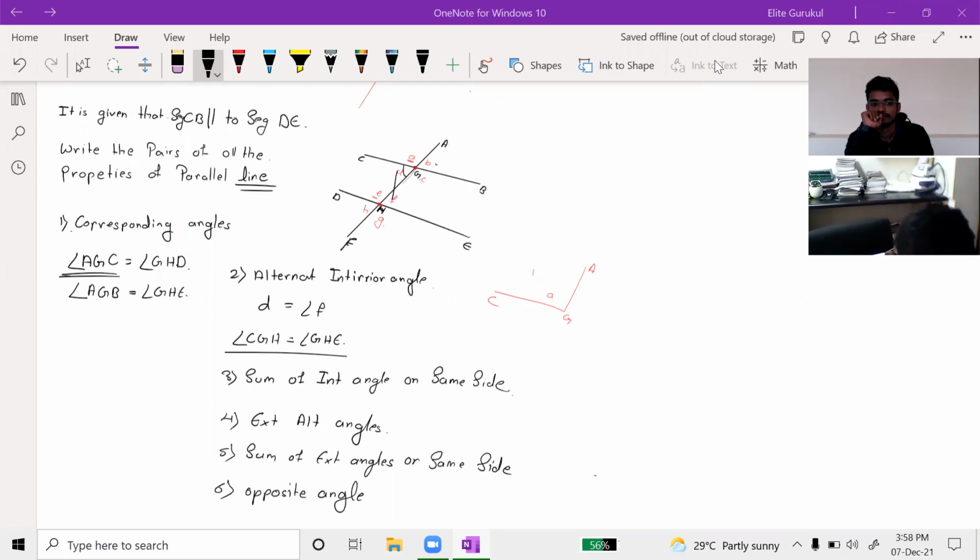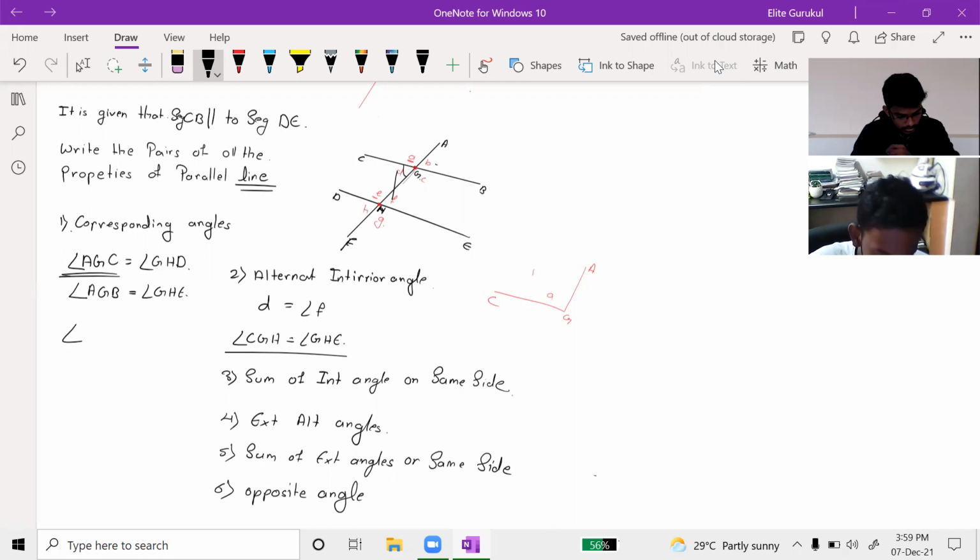Angle AGC corresponding. So angle D. Angle DGF. DGF or BGF?